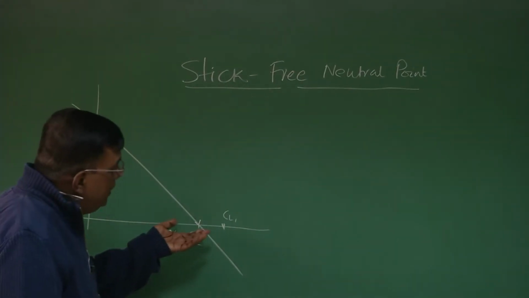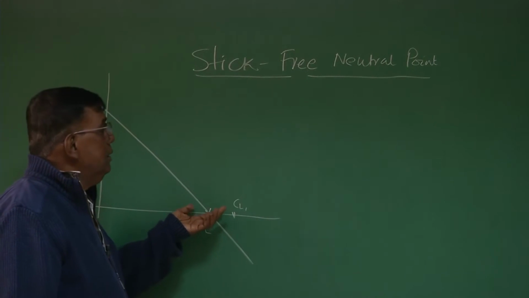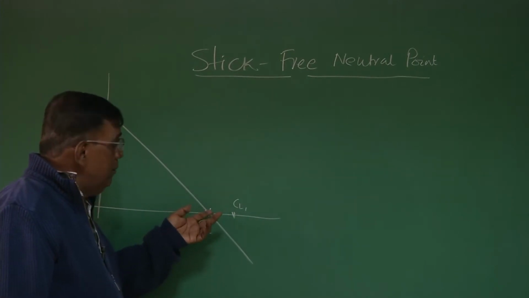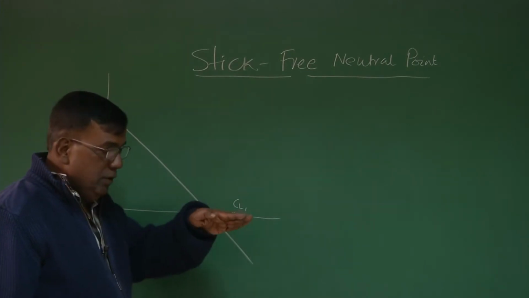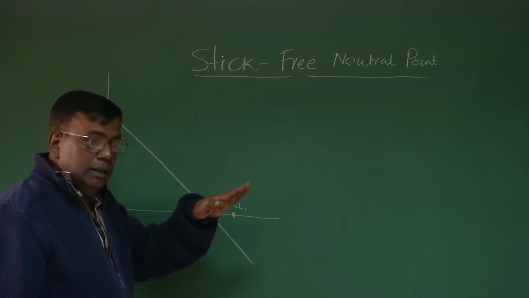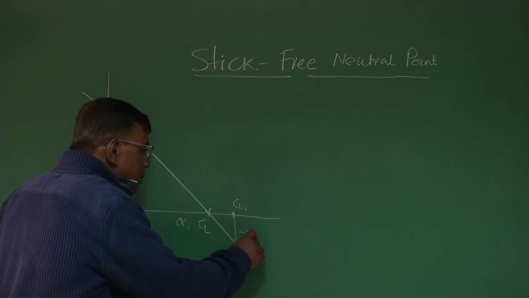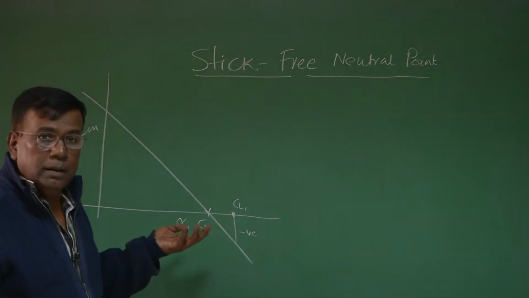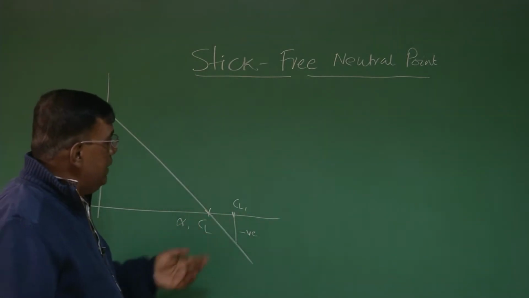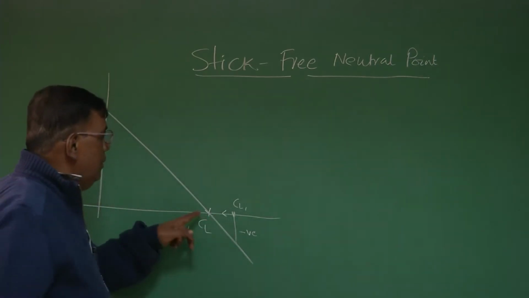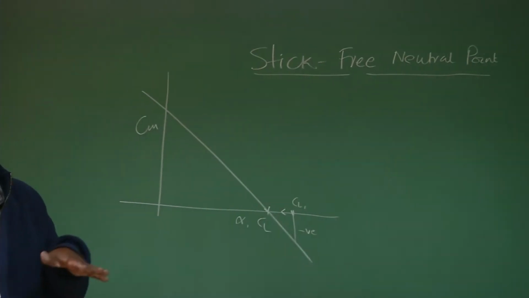From the static stability of the airplane, the moment you try to change the CL, that means you want to change the angle of attack, it will automatically generate a negative moment because it is statically stable. So, it will have a tendency to come back to the original CL at which it was flying.